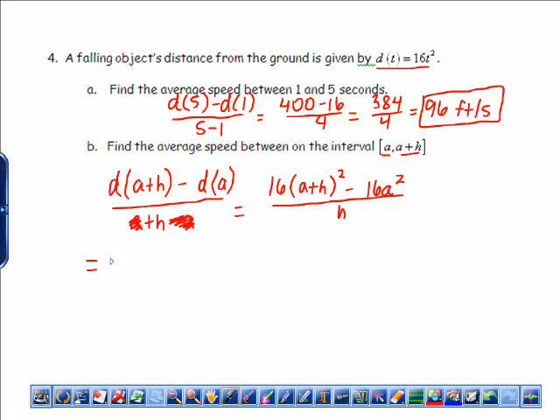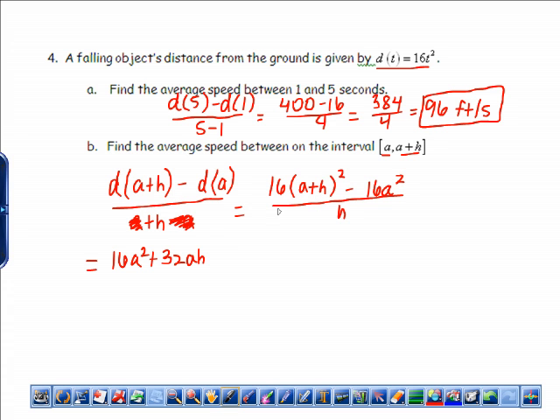Alright, let's bring this down to the next line. I need to FOIL a plus h and multiply by 16, so I'm going to have 16a squared. I'm going to have an ah and another ah. It's going to make 2ah times 16, which is going to be 32ah. Now you take as many steps as you need to get to this point.